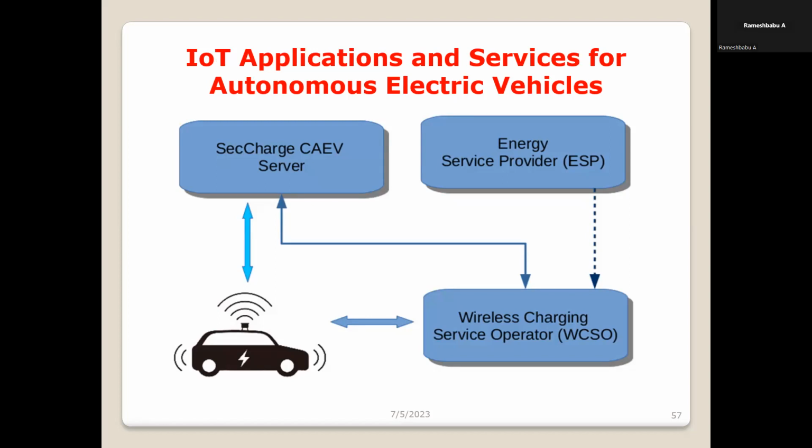The number of connected vehicles continues to grow. Conventional vehicles that adopt networks are now evolving into the Internet of Vehicles, that is IoV. This plays a vital role.